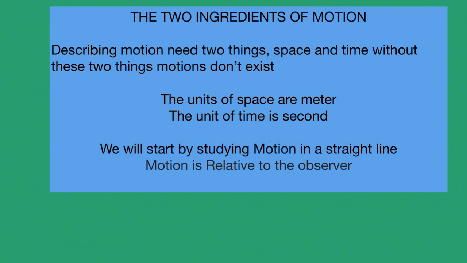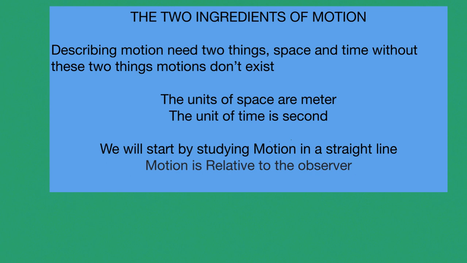The unit of space is meters, and the unit of time is seconds. So everything that you measure, if it's space, you will measure in meters. If it's time, you will measure in seconds. The definition of what a second is you can read in your textbook.